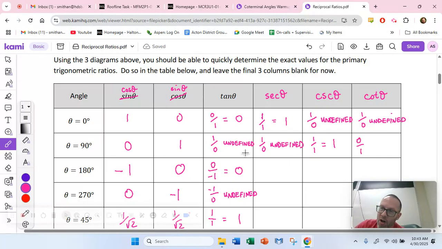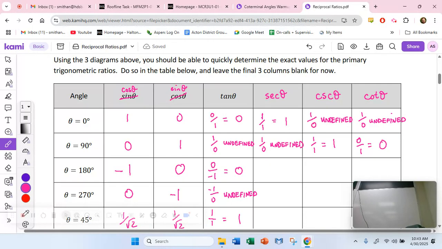So the cotangent of 90 degrees is 0 over 1, which is 0. This is how we can handle these tricky situations. Loosely speaking, the flip of 0 is undefined, and if you flip undefined back, you get 0.